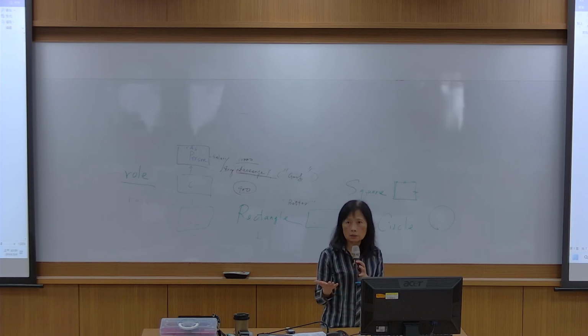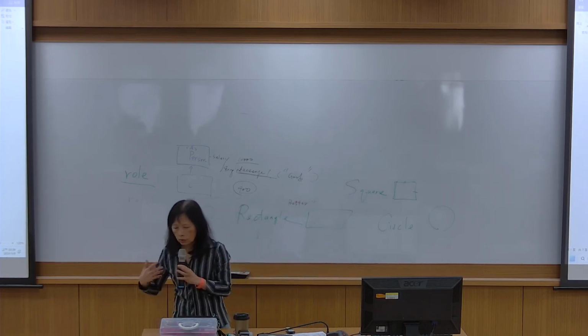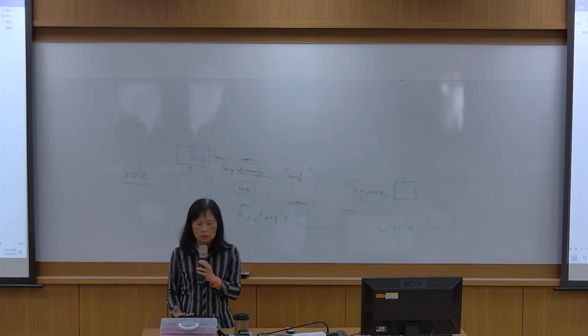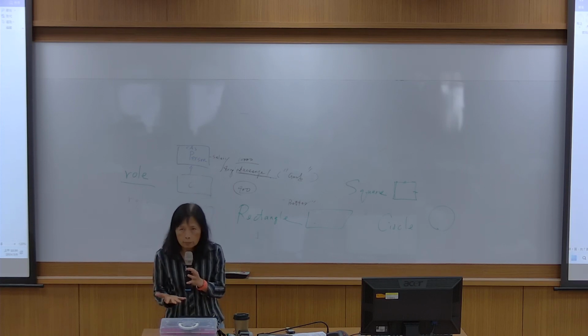So that is the use case diagram. To draw a use case diagram shows us how many functions. Now we are going to analyze it. Also, we want to describe each function.